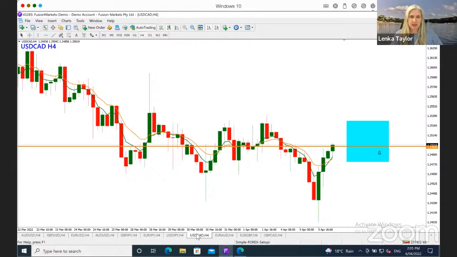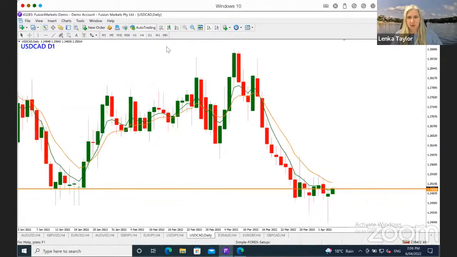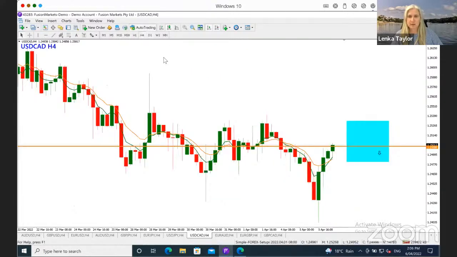Next currency pair I'm looking at is USDCAD, and USDCAD I'm looking at short because the trend is still down. However, we have had on the daily a couple of pushbacks, tests down below and got rejected. So there is a potential that this could be turning around.